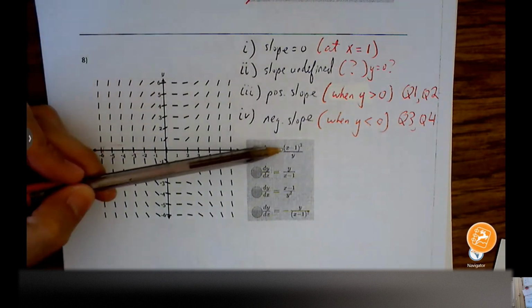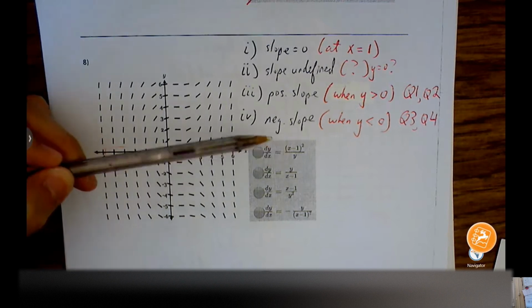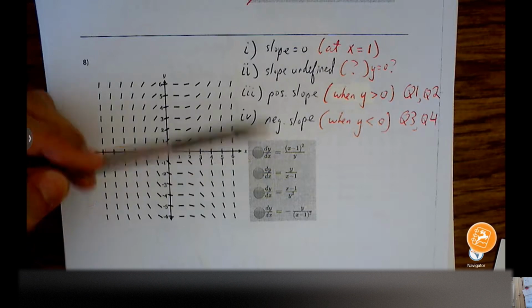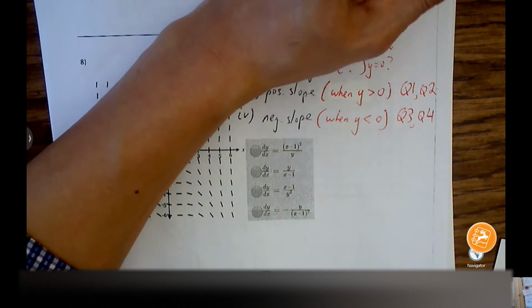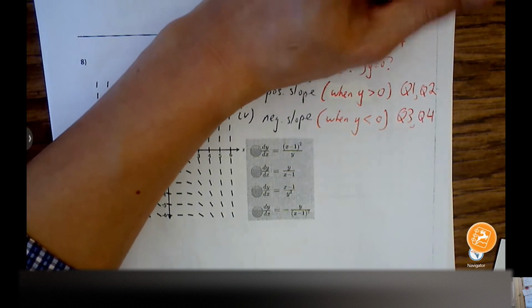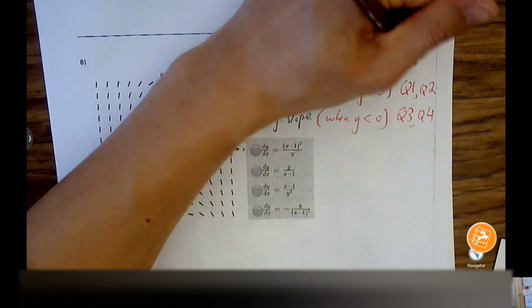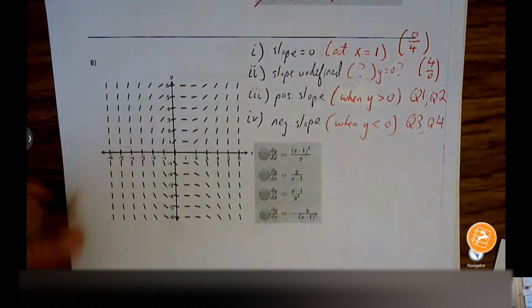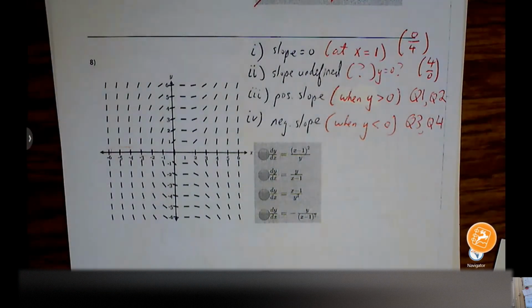Well, if I put 1 in for x, I get 0 over y, and 0 over y is mostly 0. I keep mixing up undefined and 0. Yeah, so 0 slope is like 0 over 4, for instance. 0 over 4 is slope 0, and 4 over 0 would be slope undefined. That's right. Okay, no, never mind. The first one, so I think the first one is still good, right? It's still in play. We'll leave it alone.